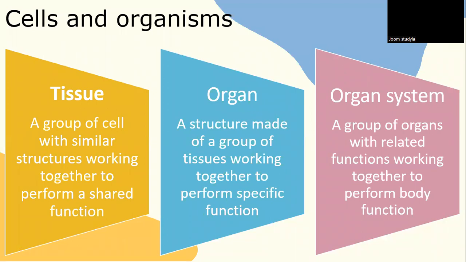This is where we look at the levels of cells and organisms. Okay, tissues. A tissue is a group of cells with similar structures working together to perform a shared function.